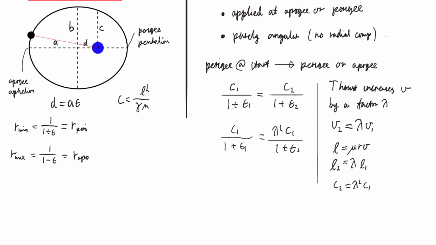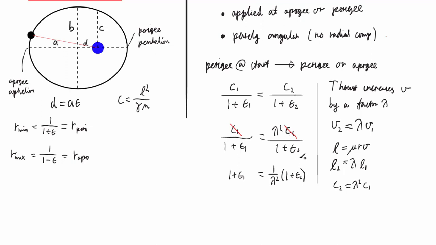That's kind of the whole point. So that means that the C1s here go away. And we're left with the expression 1 plus epsilon 1 equals 1 over lambda squared times 1 plus epsilon 2.